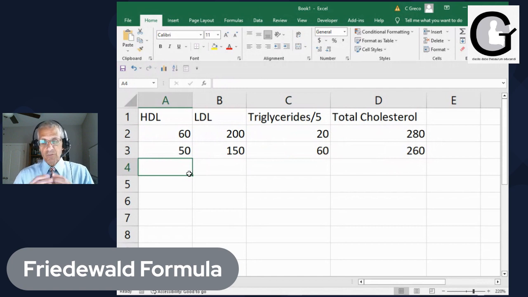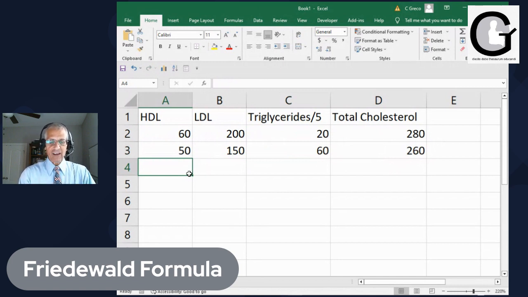So you've lowered your LDL by 50. You've lowered your HDL by 10. Your triglycerides have increased, and because of that, your total is not that different. It's not that different.